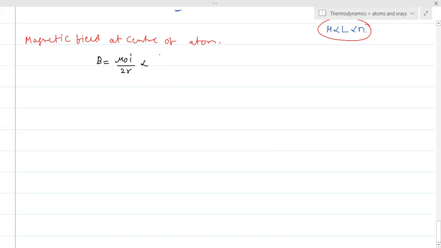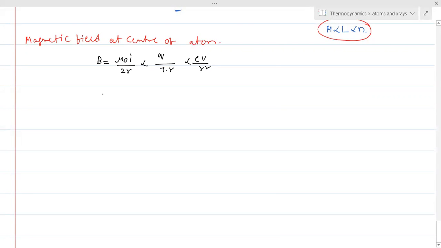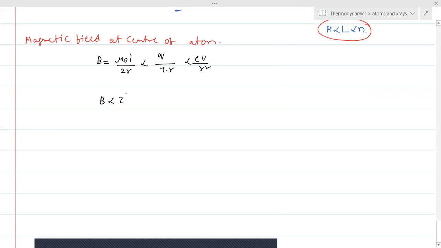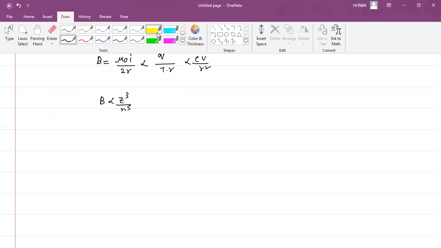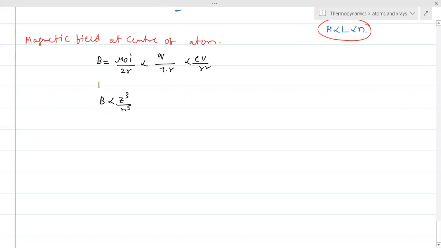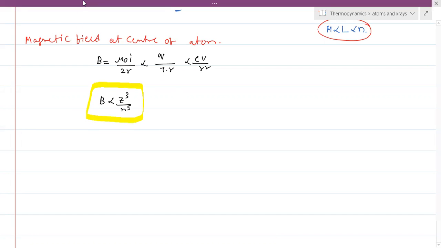Mu naught by 2 is a constant. I means q by t into r amperes. q means charge, ev by r square. By substituting all the required values, we get B is proportional to Z cube by n^5. v we already know is proportional to Z by n, and r is proportional to n square. So by taking all the desired values, we get the equation B is proportional to Z cube by n^5.